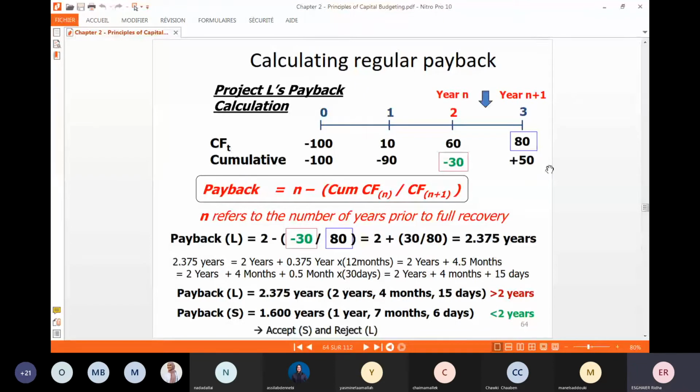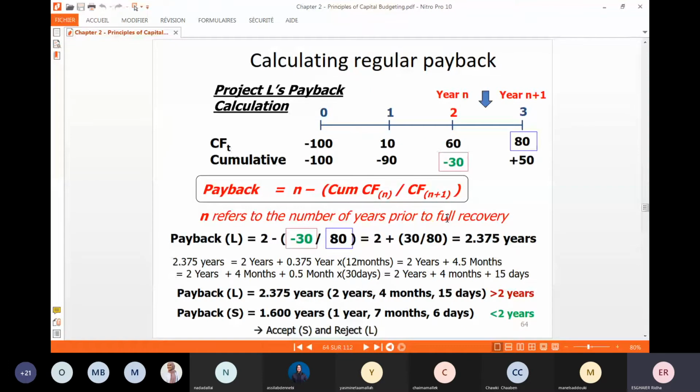What will we do to take into consideration the time value of money? I will compute the value at the date 0 of cash flow 1, cash flow 2, cash flow 3 before computing the cumulative cash flow. To compute the value at the date 0 of a future cash flow, we need a discount rate. And here I go back to the point we discussed: in the calculation of the cash flows, ignore the financing costs because you will take them into consideration later when you compute some criteria of investment decision.